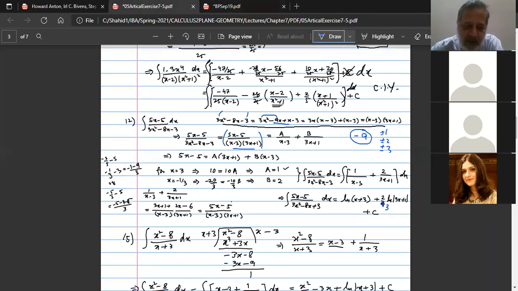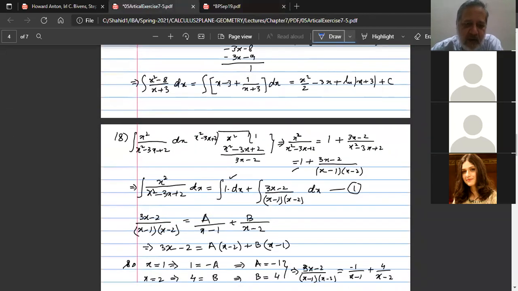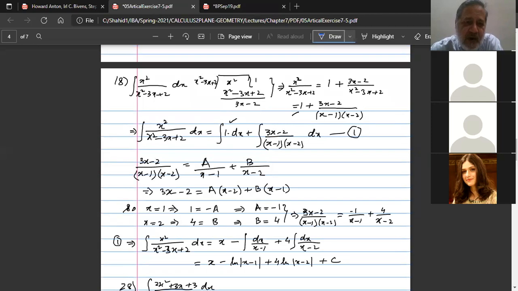And one example I am considering here, where question number 18, the denominator and the numerator has same degree. That's someone asked. So here also we will do long division, that is, divide the numerator x² by the denominator x² - 3x + 2. It goes one time, so 1 into x² - 3x + 2 comes here.